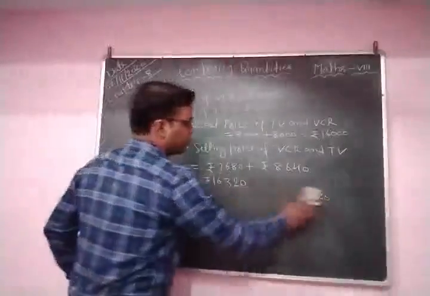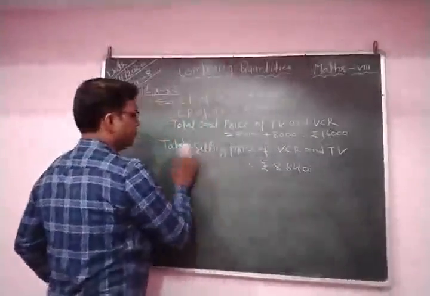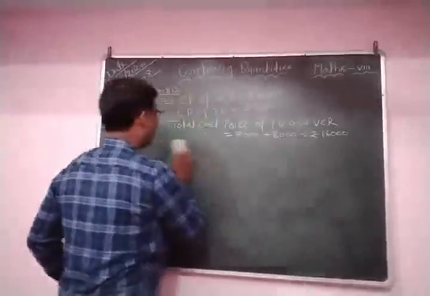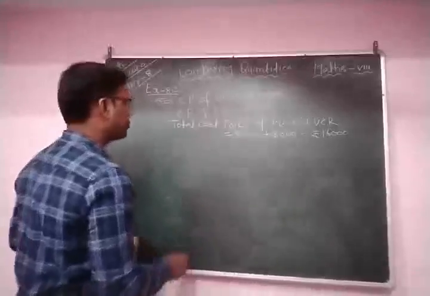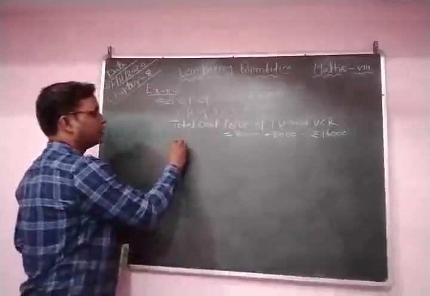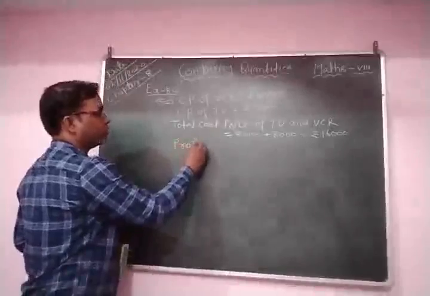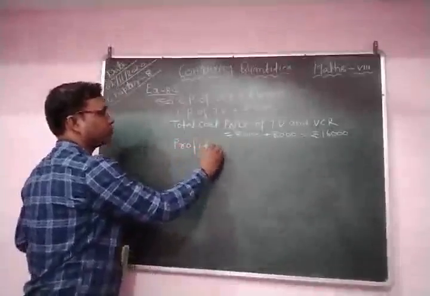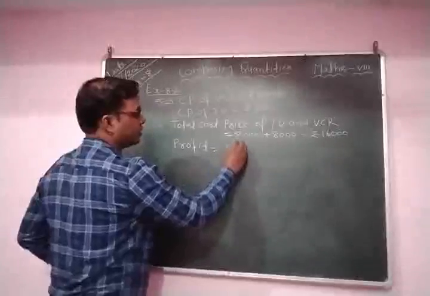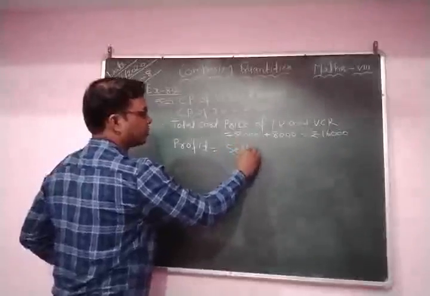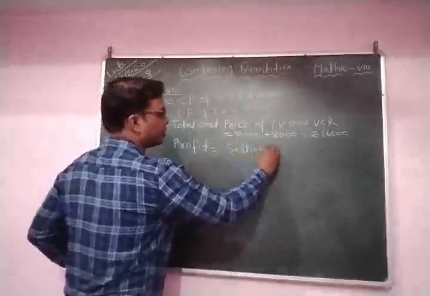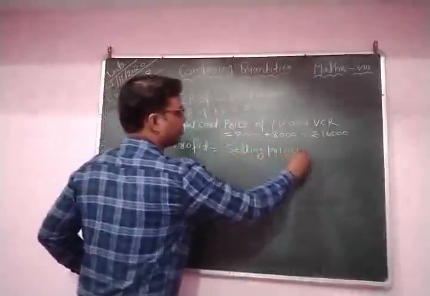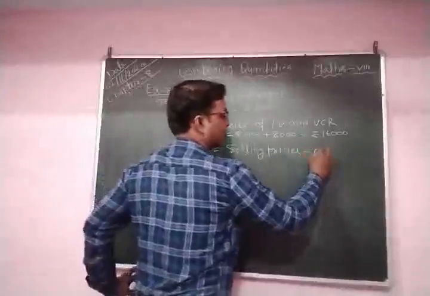Now we are going to discuss how to find profit. Profit is equal to SP, means selling price, minus cost price.